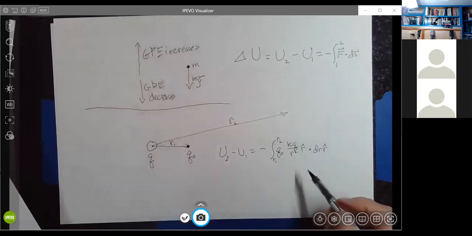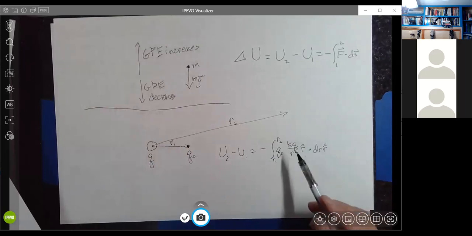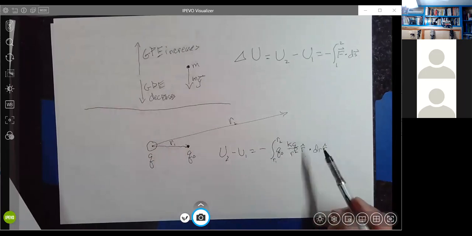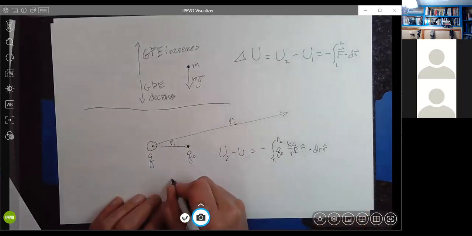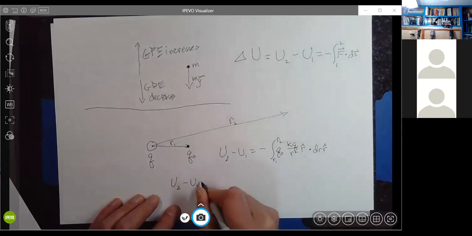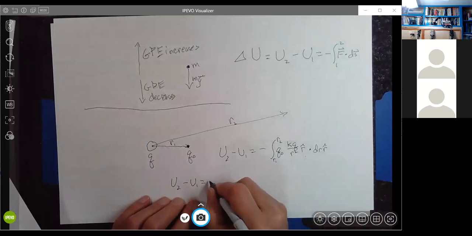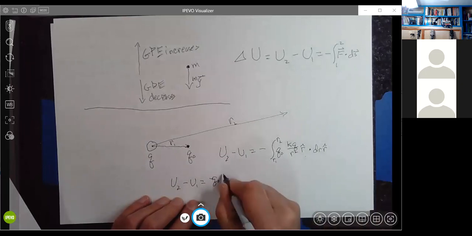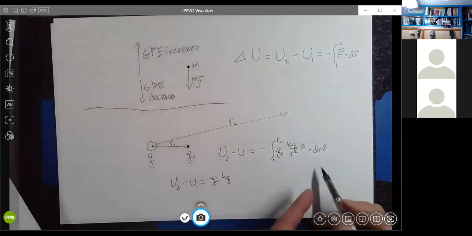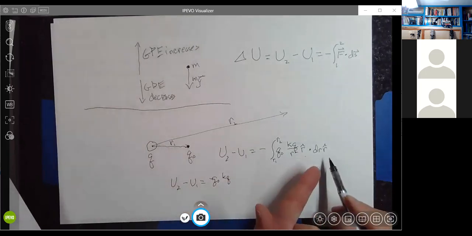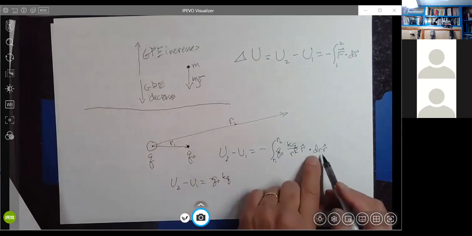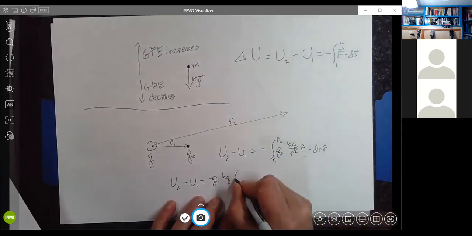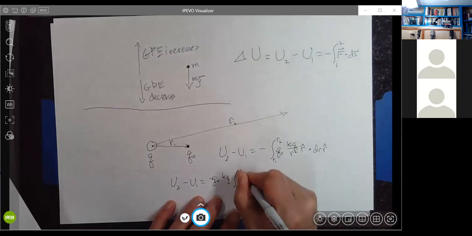This turns out to not be a bad integral to do, because a lot of the things that look scary end up going away. We can pull the k and the Q naught outside, so U2 minus U1 is equal to minus Q naught kQ times the integral. Inside, I've got an R hat dotted with an R hat. A unit vector dotted with itself is just 1, so that's gone. The only thing left inside the integral is dr over r squared, integrated from r1 to r2.